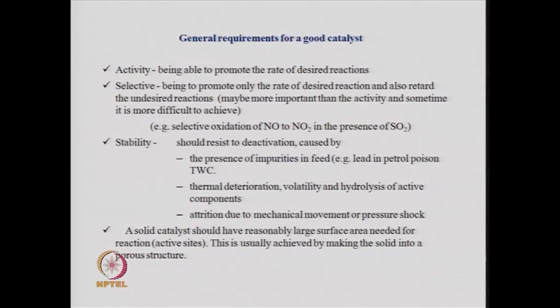In several of our gasoline or petrol, as we call it, we have these impurities, and these impurities can act as a poison for the catalyst. It will cause a deterioration of the catalyst, or there can be thermal deterioration. There can be volatility and hydrolysis of active components which are part of the catalyst.